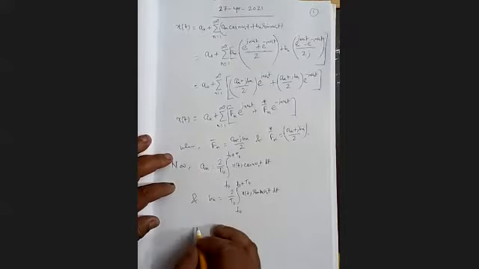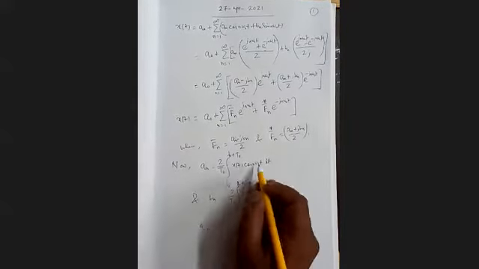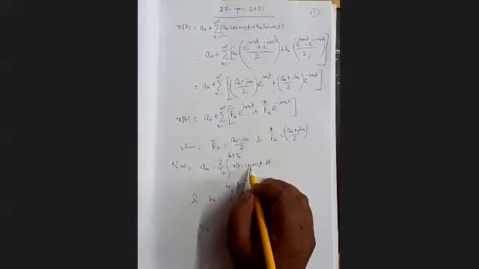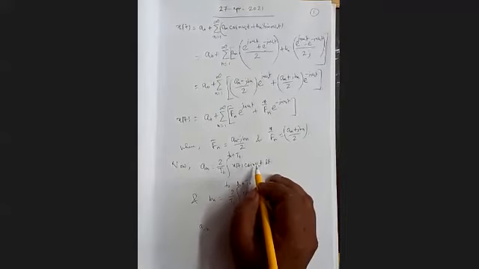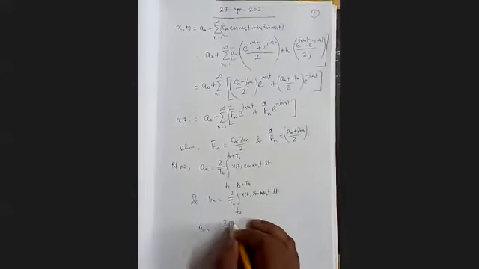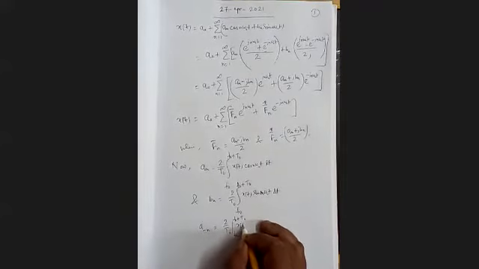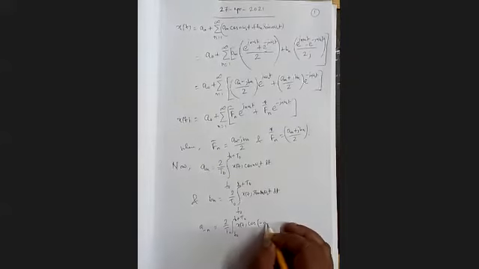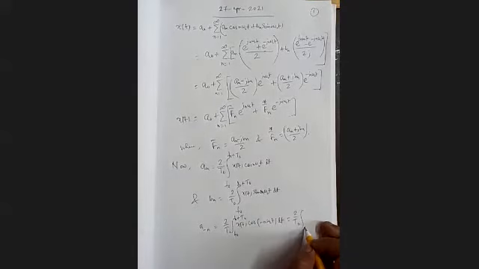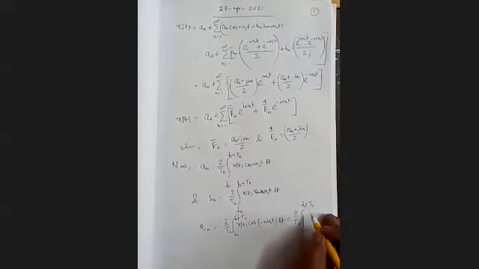Then now we replace n with minus n. If we replace n with minus n, cos n omega 0 t will be replaced by cos minus n omega 0 t. So xt cos minus n omega 0 t dt. But cosine function is an even function. So we can write simply as plus cosine dt.